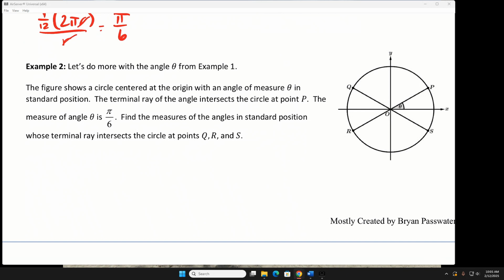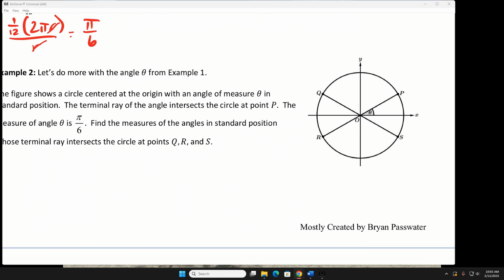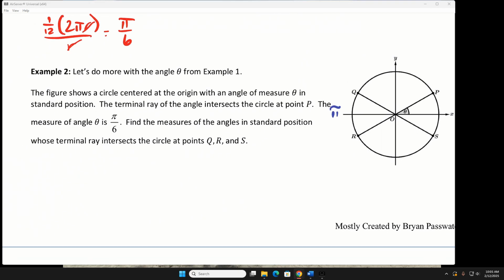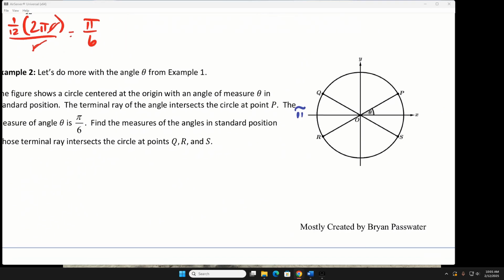All right, so before we do that, what is the angle from here to here, in radians? Half a rotation is pi. Good. All right, so what we want to do to figure out Q is to go from here to here.